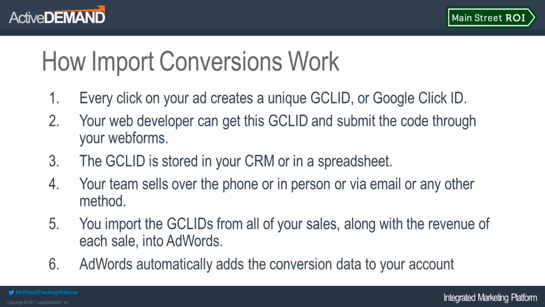Actually, one more thing: AdWords then takes that data, automatically matches the GCLIDs to, let's say, the keywords that were clicked on and the ads that were clicked on, and now you can see exactly how much money was generated from the clicks on your ads, even though those sales were offline.